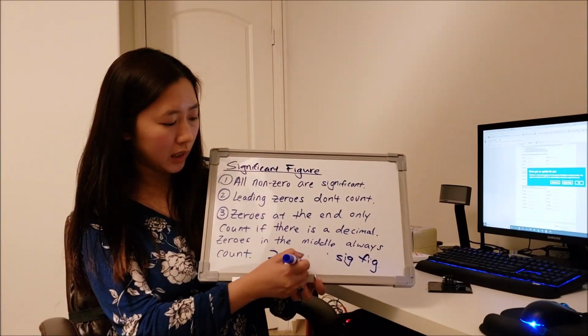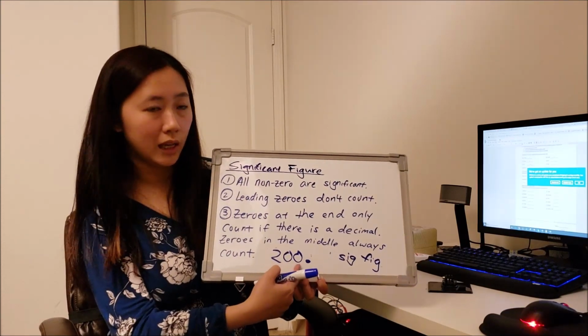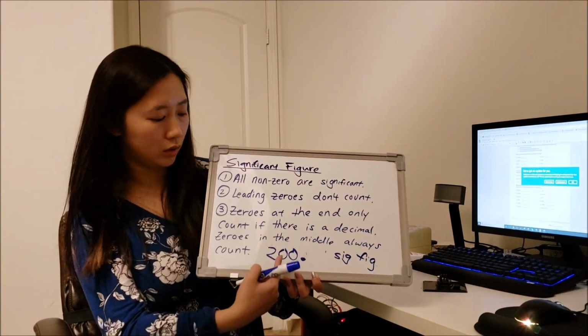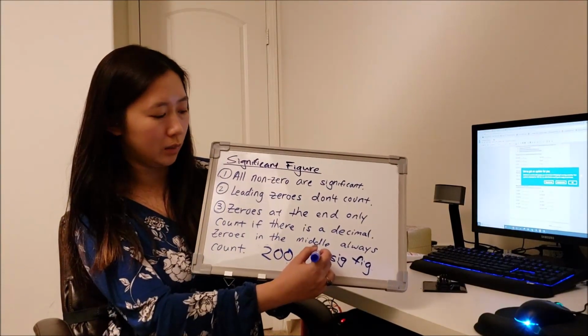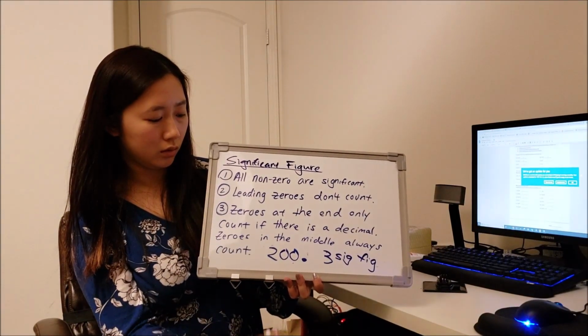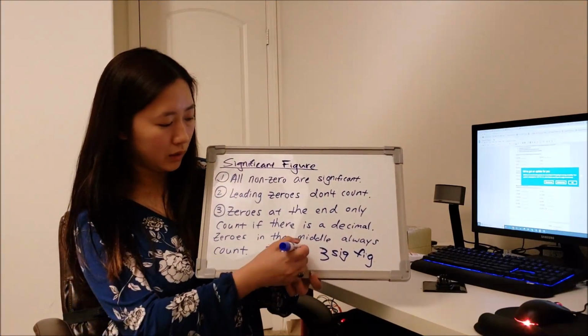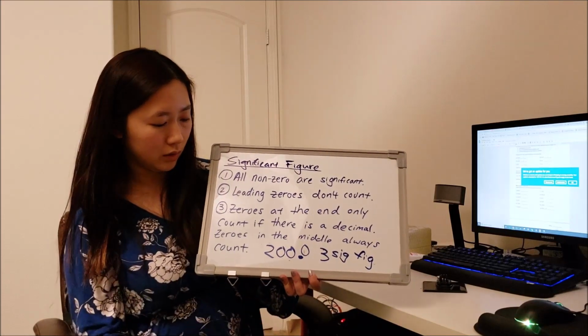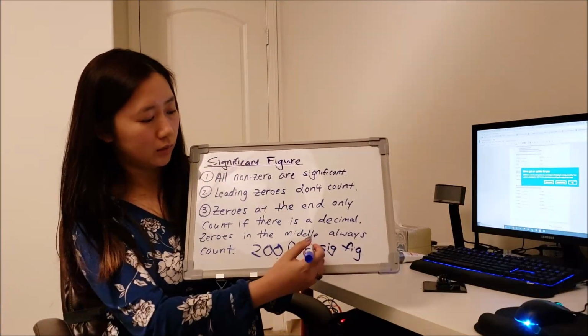Well, if we added a decimal at the end here, then now all the zeros at the end count. So 200., now there will be 3 sig figs in this number because there's a decimal at the end. Now, if I wanted to add an extra 0 here, that would mean now there is 4 sig figs.